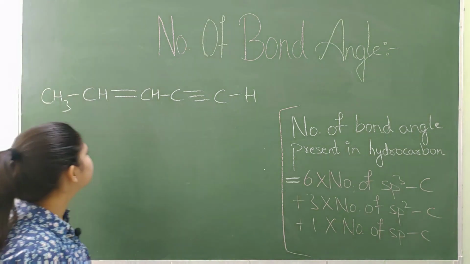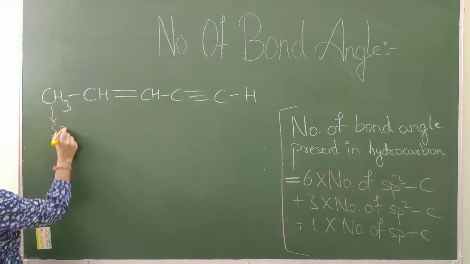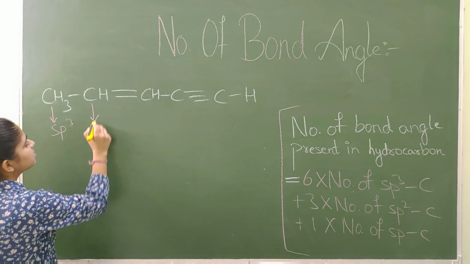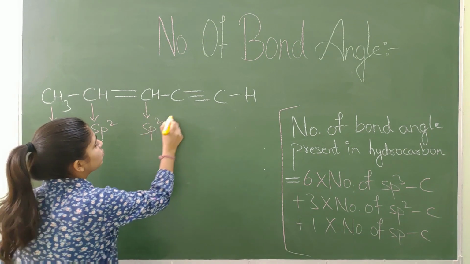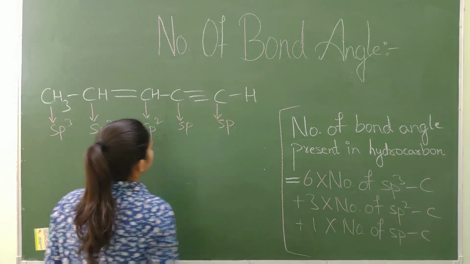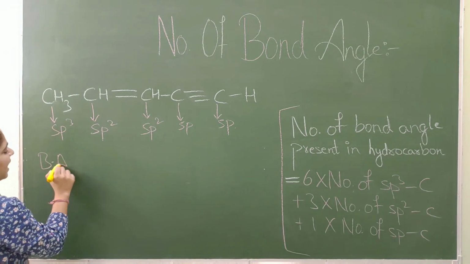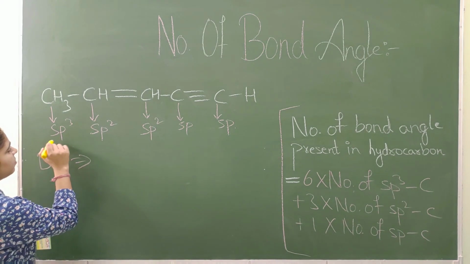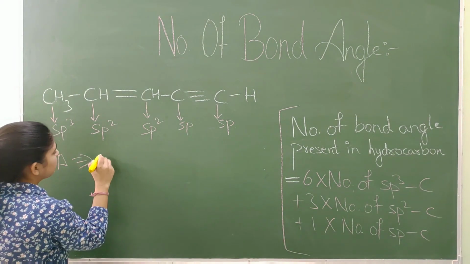Okay, so now let us see. This one is sp3 carbon, this is sp2, this is also sp2, sp and sp. So now let us calculate the number of bond angles. sp3 carbons are 1.